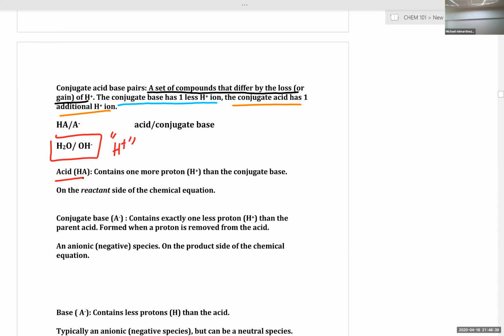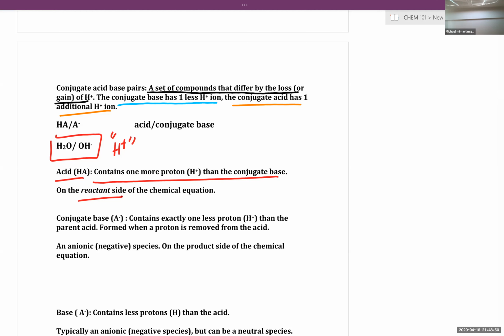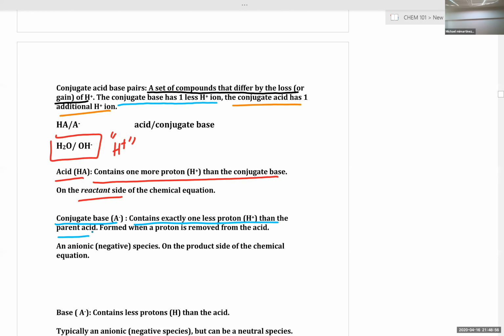An acid has one more proton than the conjugate base, and the acid's on the reactant side. The conjugate base, which is written as A-, contains exactly one less proton than the parent acid. It's typically an anionic species, and it's on the product side of the chemical equation.